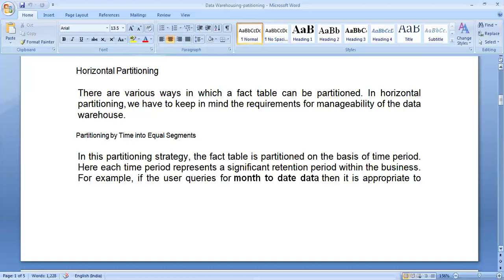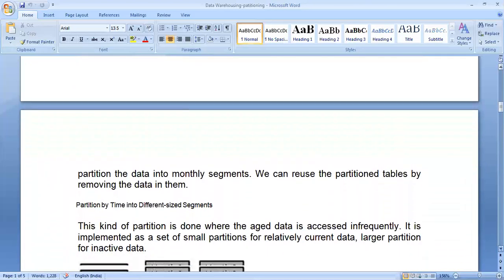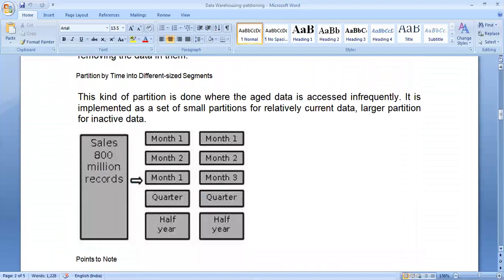Also, like the scale, scales are divided into centimeters and millimeters. So that is partitioning into equal segments. For example, the banking data can be divided day by day, or month by month, or year by year.